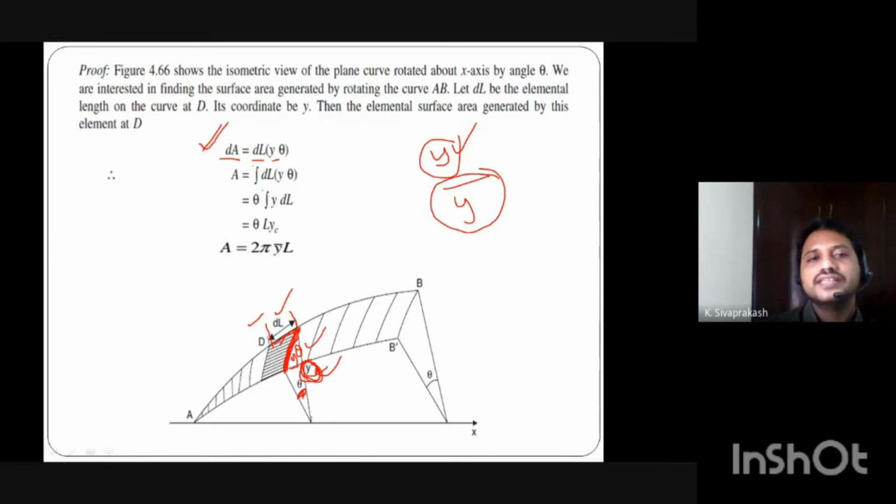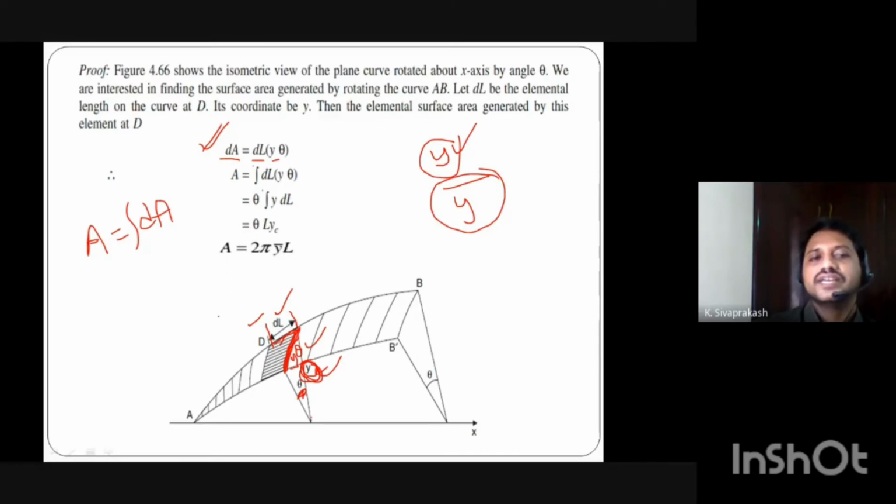If you find the element area, then you do the integration for the element. Suppose I want to find out the total area. How to get the total area? If you know the element area, if you integrate that element area, then you will get the total area. Why? Because the total area is made up of an infinite number of element areas.